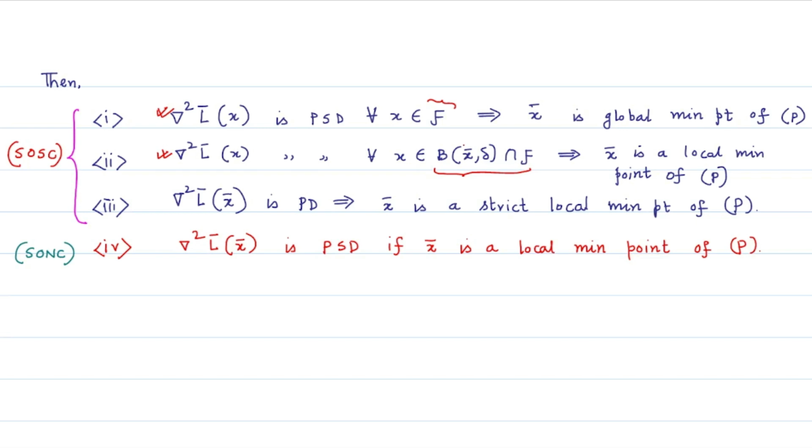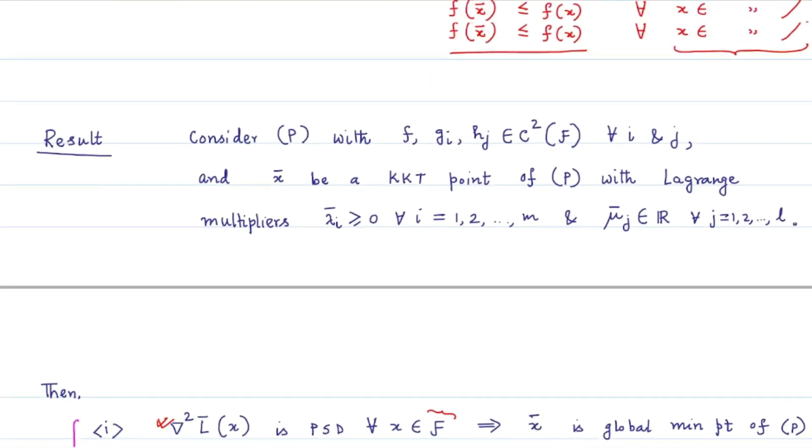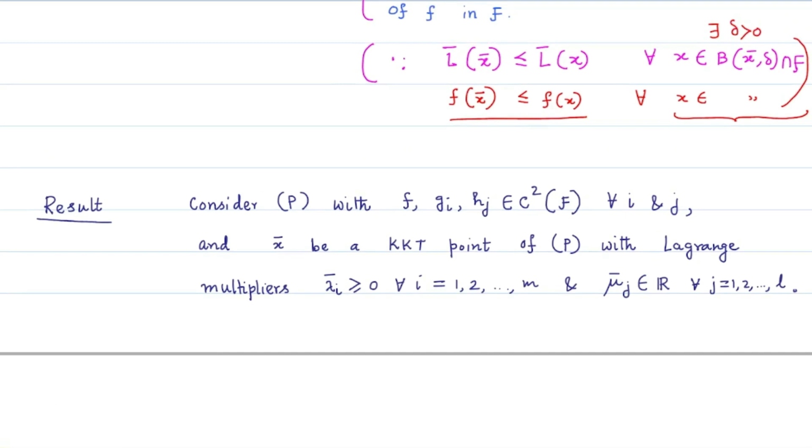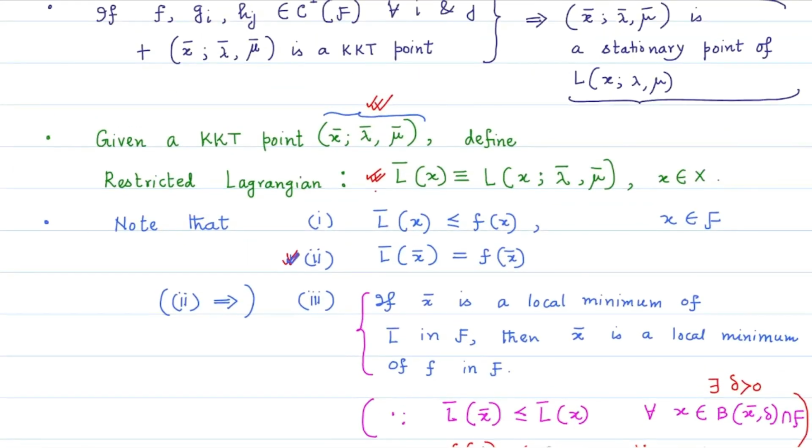So people have identified a refined version of this second order necessary condition and second order sufficient condition for optimality by checking the definiteness of these Hessian matrices in a restricted set of directions, and that restricted set or cone of special directions is defined as follows: for a given KKT point x bar, you identify the Lagrange multipliers lambda i bar and mu j bar, and accordingly construct this restricted Lagrangian function L bar.